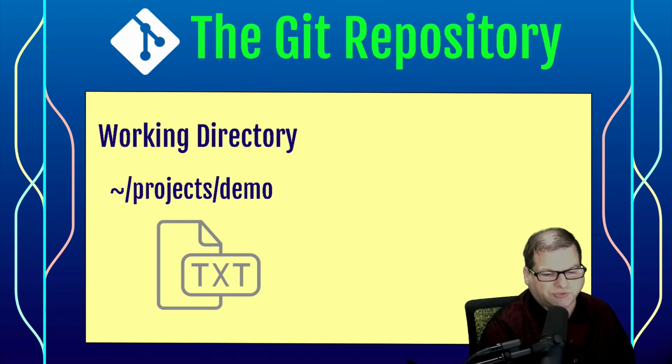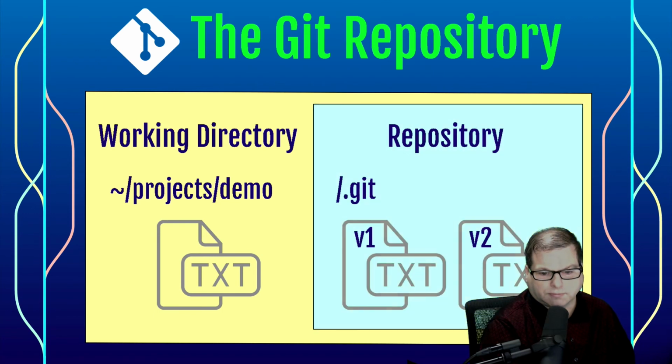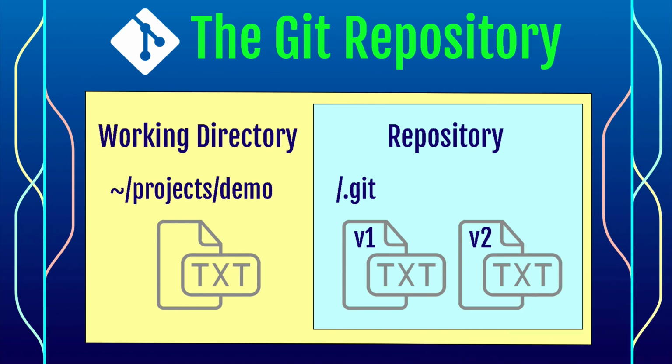That contains any files or folders that are part of our project that's being managed by Git. Then within the root directory of our project, we have our .git folder, which is the actual repository. That contains all the files and all the revisions of the files that's being tracked by Git.